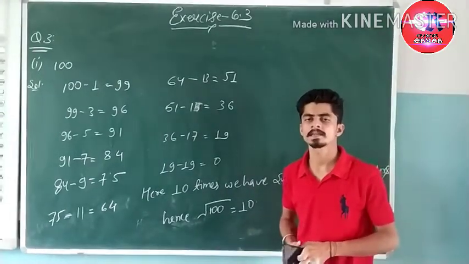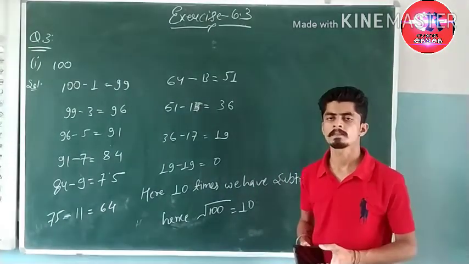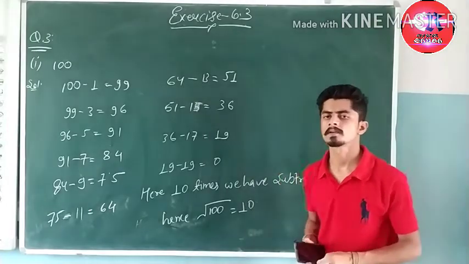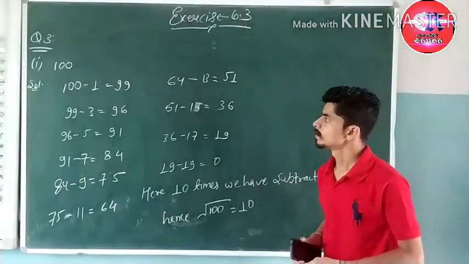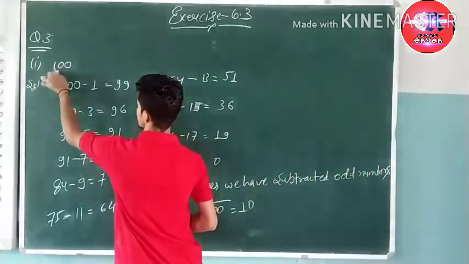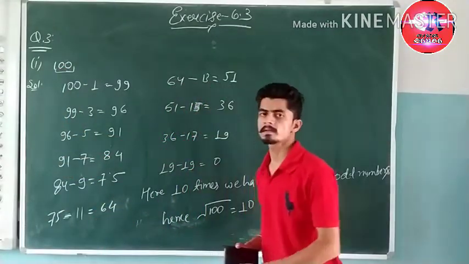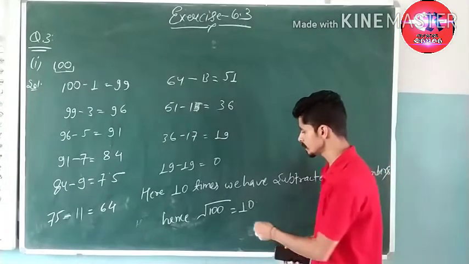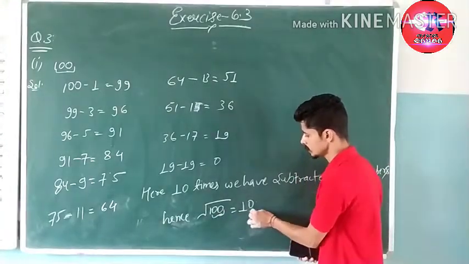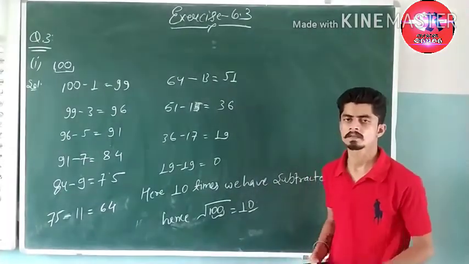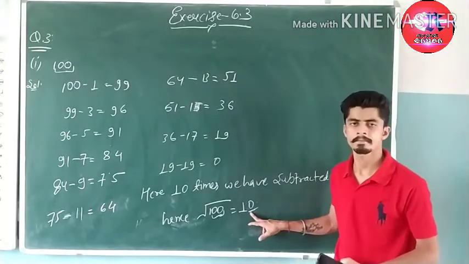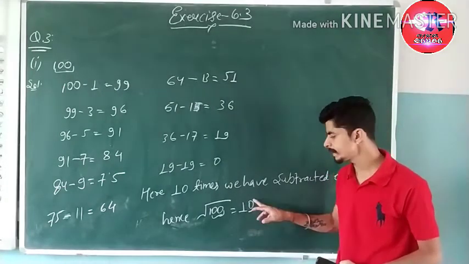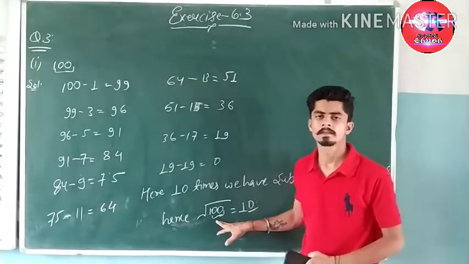And as we know, the square root of a number which has an even number of 0s will have half as many 0s. That means if there are two 0s, the square root will have one 0, and just the opposite, if a number has one 0, when we square it we get double 0.